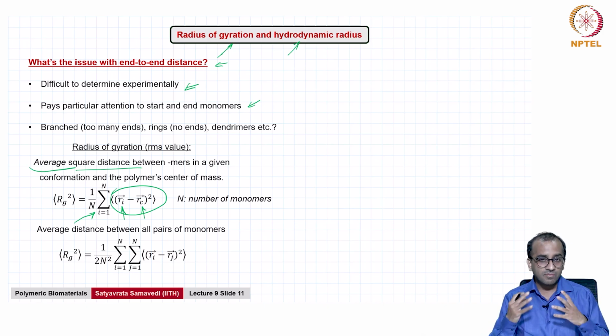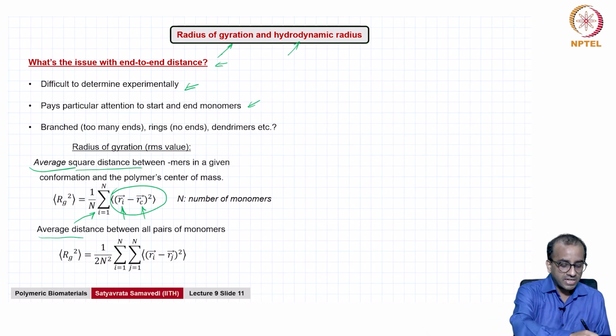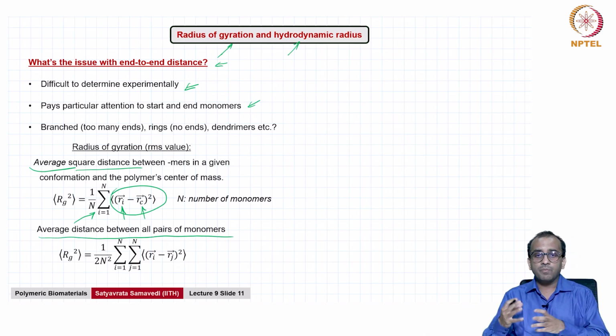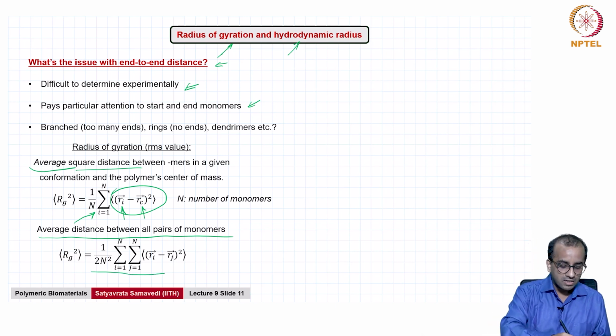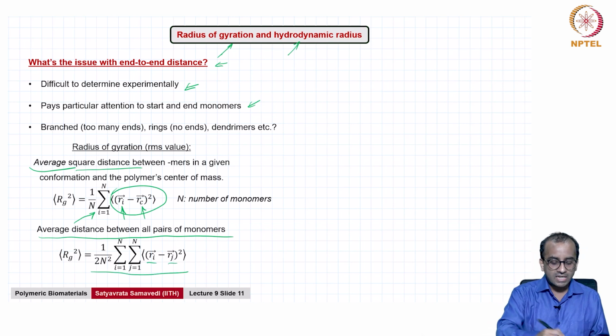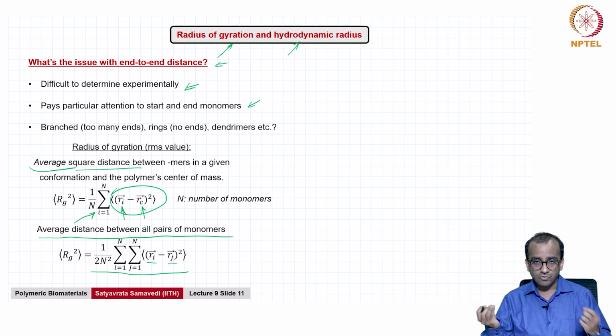So, it gives you some sense about the spatial distribution of masses within a macromolecule. Another more intuitive way to define radius of gyration is to think about it as an average distance between all pairs of monomers in 3D, and that would be given by this formula where Ri and Rj refer to the bond vectors for any two of those monomers.